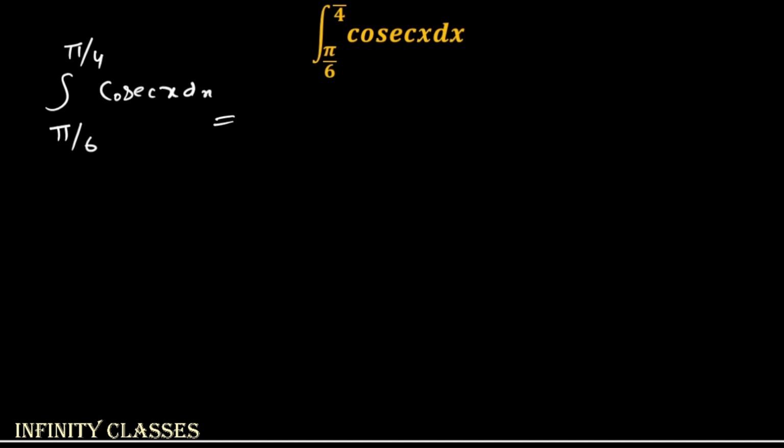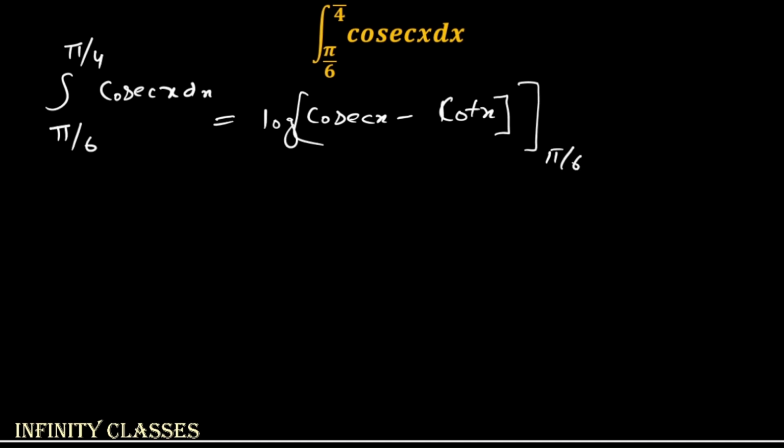As we know, integration of cosec x is log cosec x minus log cosec x cot x, and upper limit and lower limit.